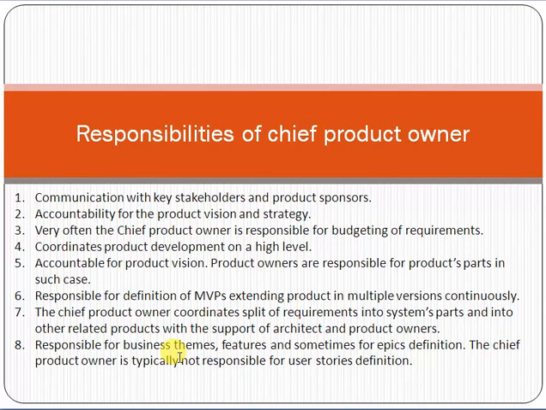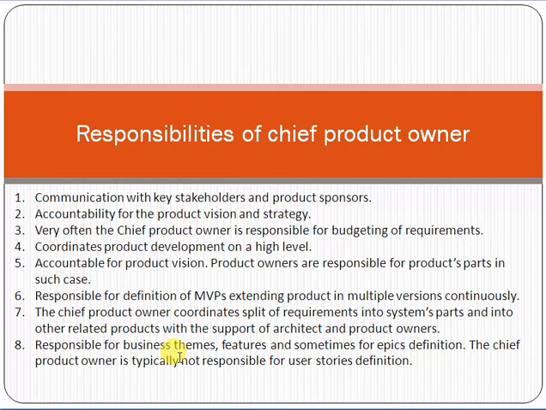Basically, friend, the chief product owner is the person who has responsibility for the overall product. Whenever we are making a big product where multiple resources and multiple product owners are there, we need a chief product owner to whom all the product owners report.